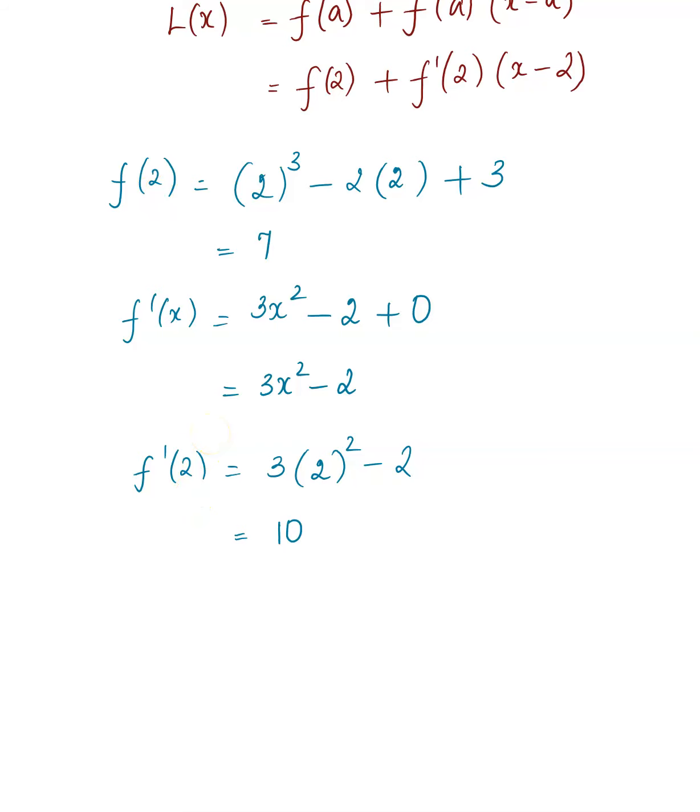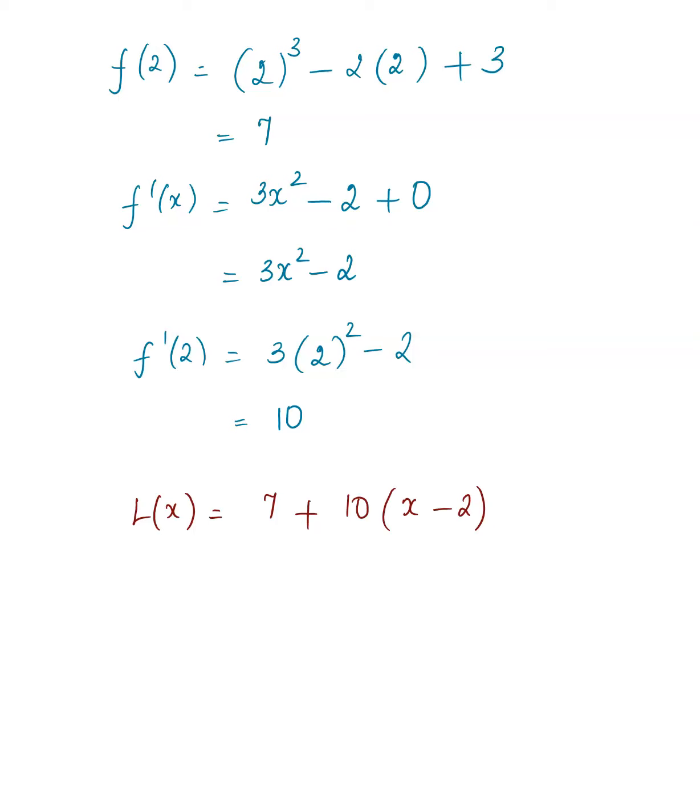I come back to this L of x. f of 2 is 7 plus f prime of 2 is 10 times x minus 2. Now we just need to simplify this. Minus 20, so 10x, and 7 minus 20 is minus 13.